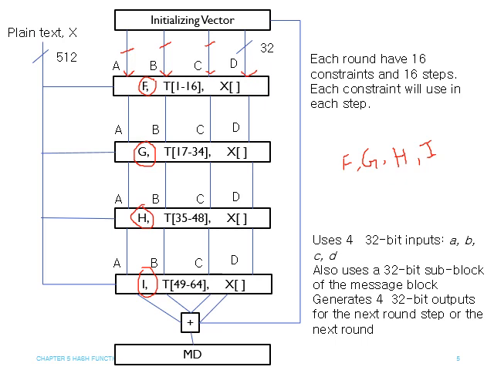Then we have some constant values like T1 to 16. Each round has 16 steps, and for each step one constant value is used.